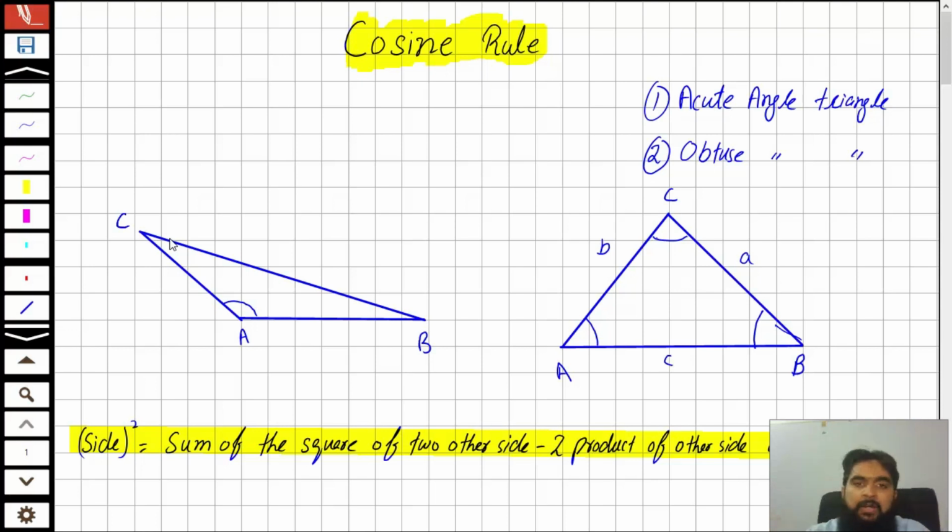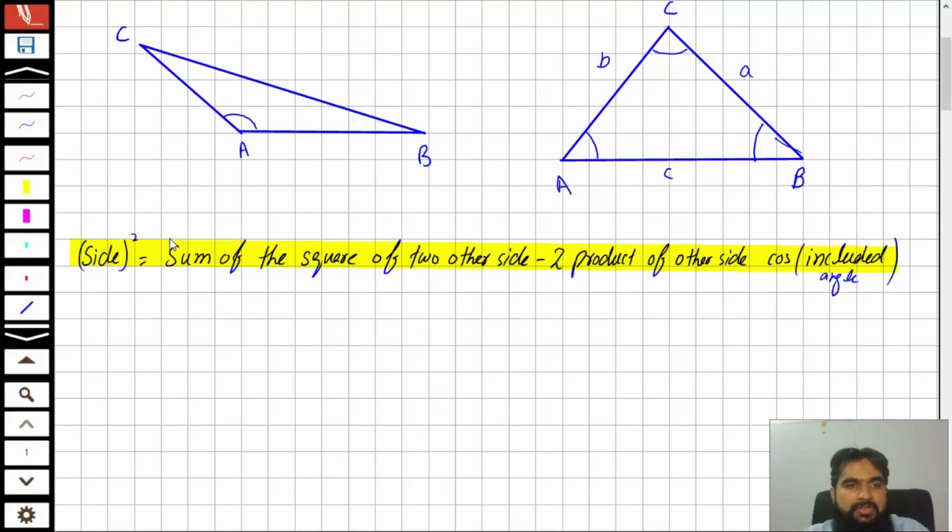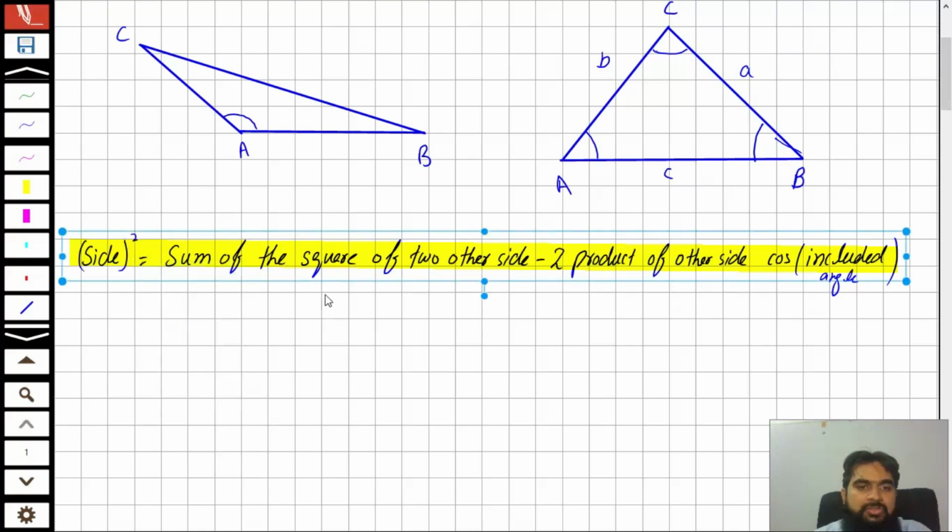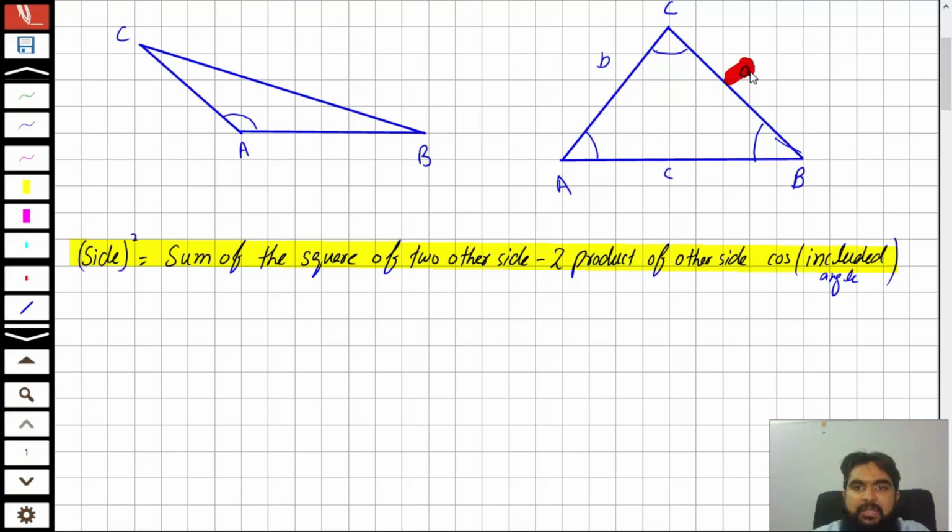Okay, now we have to go for the statement of the cosine rule. The cosine rule says that the square of any side will be equal to the sum of the squares of the two other sides, minus the product of the other sides, that is, B multiplied by C, and cos of their included angle.